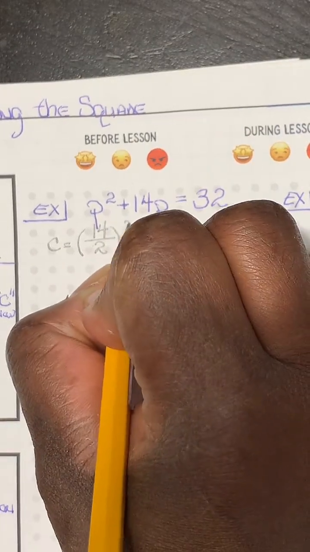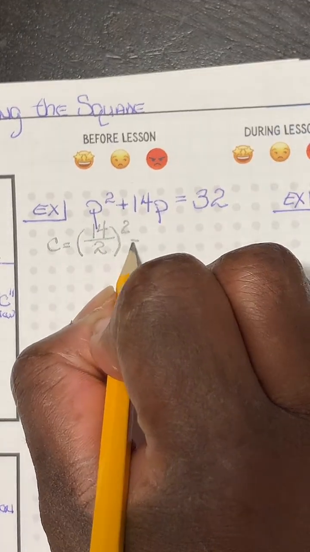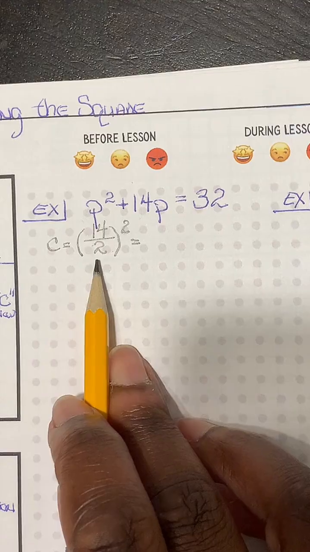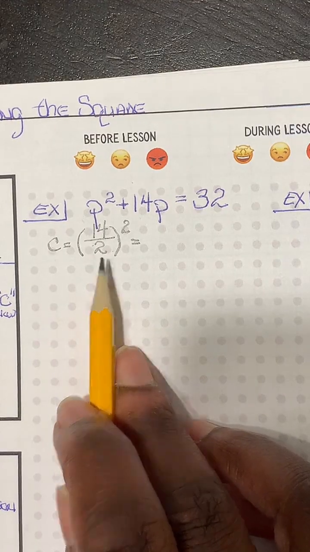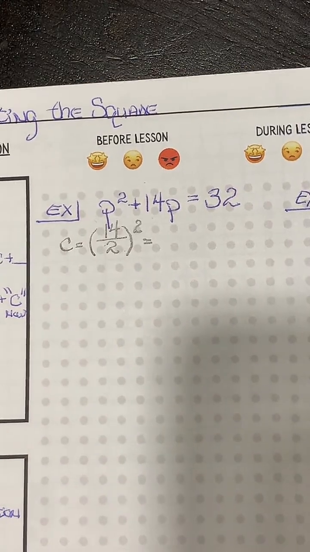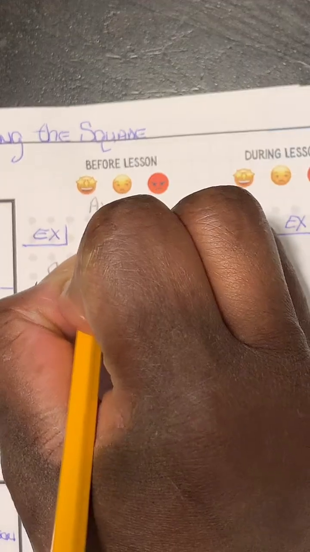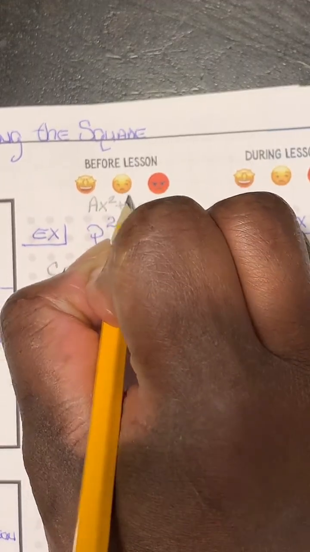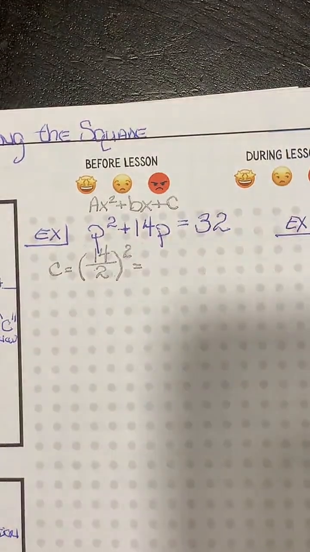And then we're going to square our result. Just like PEMDAS, we want to do what's inside the parentheses first. All right? So the b, if you recall, standard form: ax squared plus bx plus c.